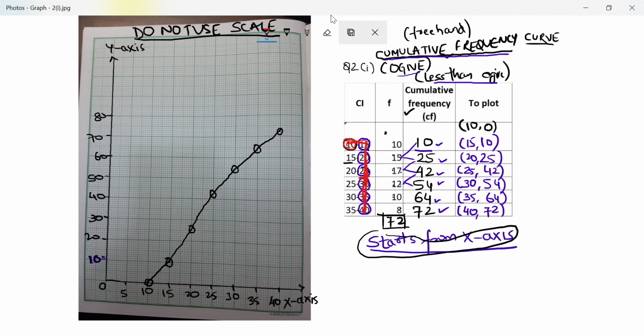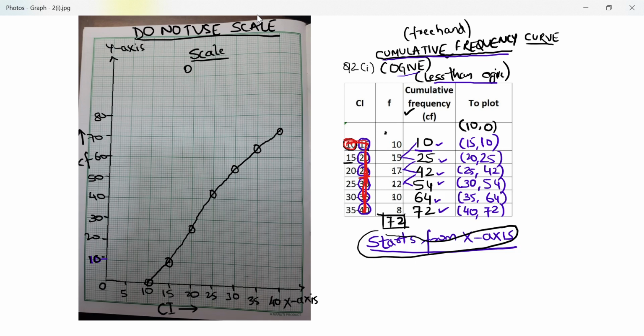Let's see if everything else is done or there's something else we need to do. Right, I need to write what I have plotted. Let's see the question. Yes, it says class interval, so this is class interval. Here I have plotted cumulative frequency, so I write cumulative frequency, and then the last thing is the scale.